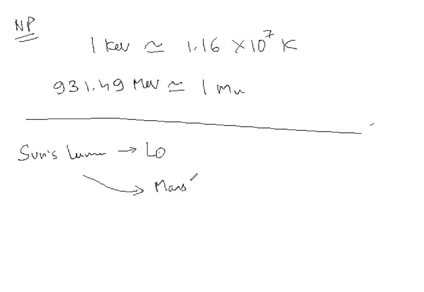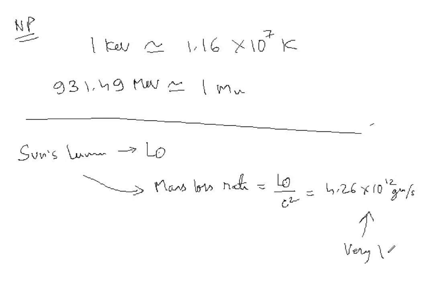The energy is being continuously emitted by the sun, which is given by this luminosity, and this corresponds to a mass loss rate of L by c², and this is 4.26 into 10 to the power 12 gram per second. And now this is a very large number.